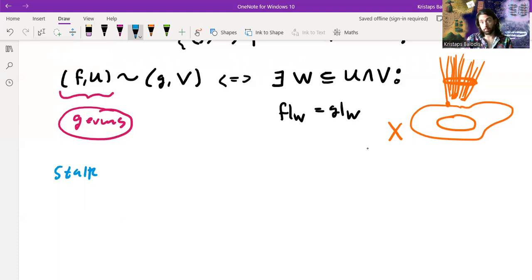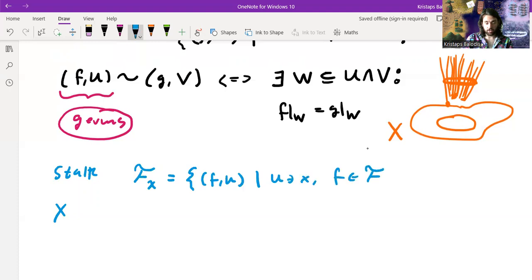which, let me go slightly more general here now. If I have some sheaf F on some topological space X, the stalk of that sheaf is just all the equivalence classes of germs, where we run over exactly all of these open sets containing x and those sections of our sheaf over that open set.